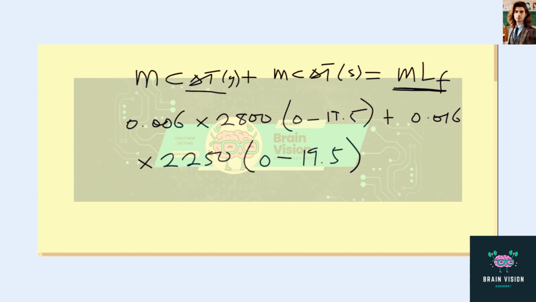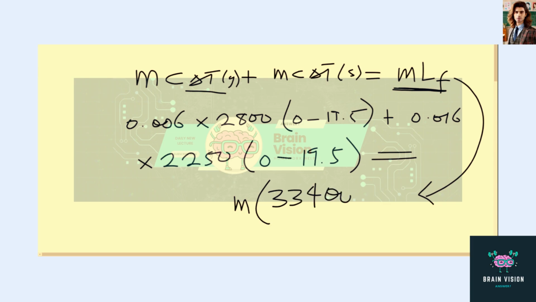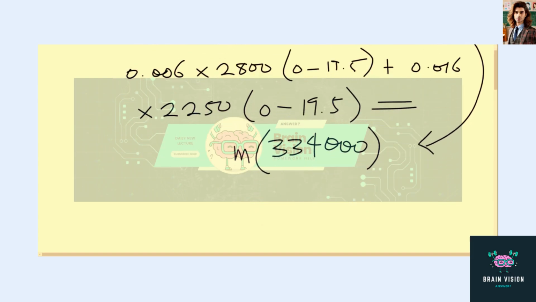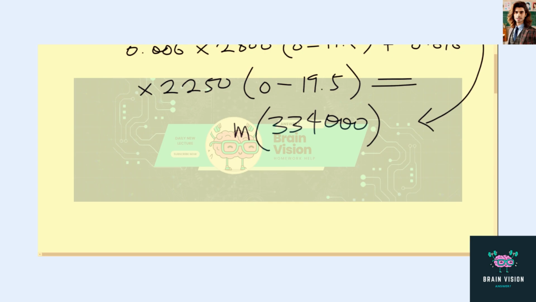All of this is equal to the mass times 334000, where this 334000 is the latent heat of fusion of the ice. And remember, we are calculating the mass of the ice that melted.